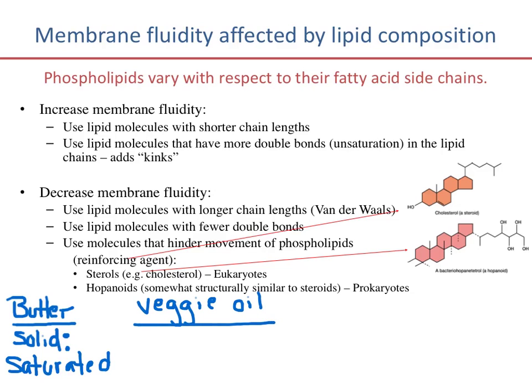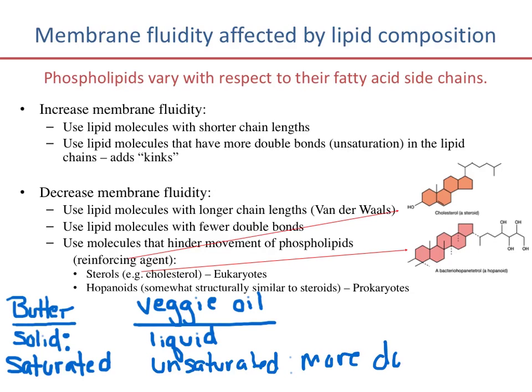At room temperature, vegetable oil is a liquid, so that means that it's more fluid. So in the vegetable oil, are these going to be saturated or unsaturated? It's going to be unsaturated. More double bonds.